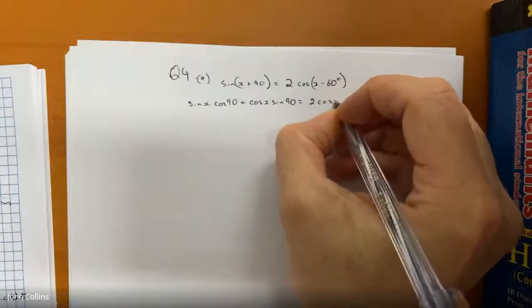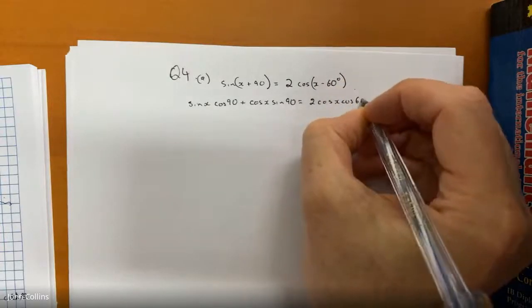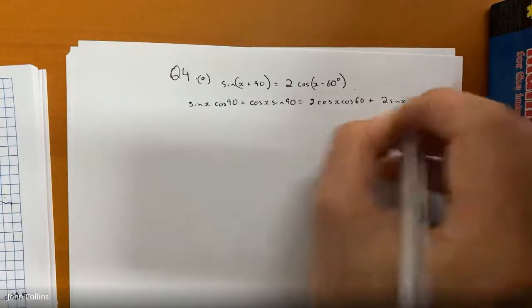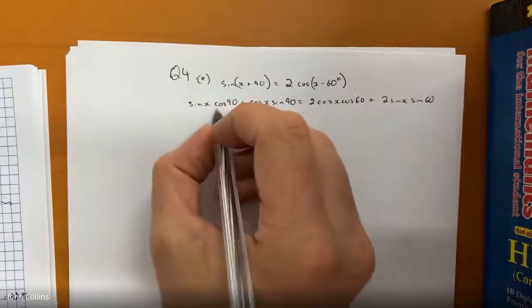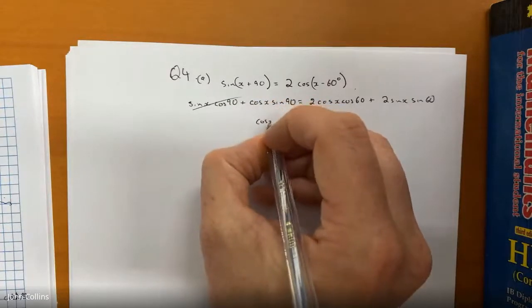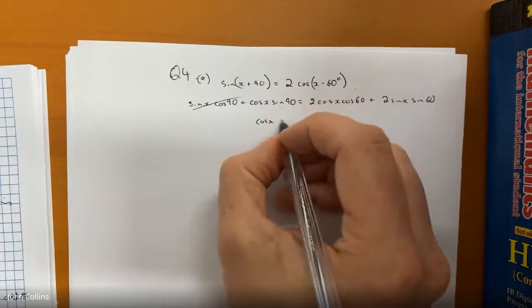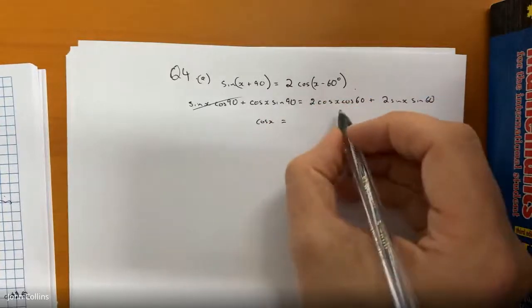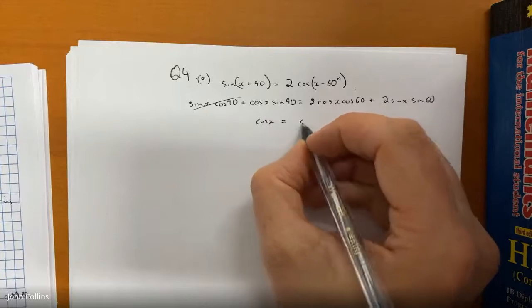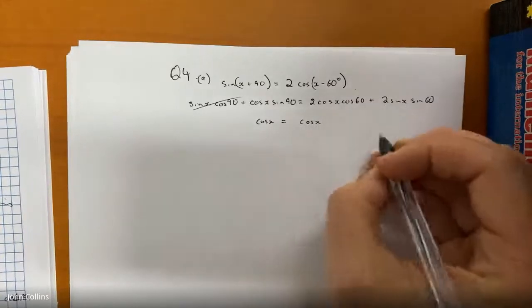2 cos x cos 60 plus 2 sine x sine 60. And now we have our known angles. That's 0, so that's gone. Sine 90 is 1, so that's just cos x on this side. And then cos 60 is a half, so that's just cos x here.